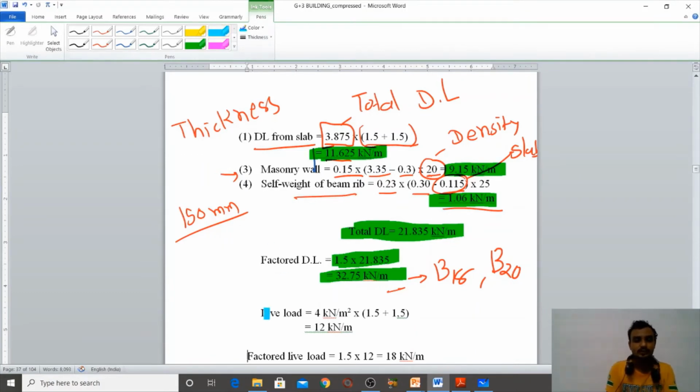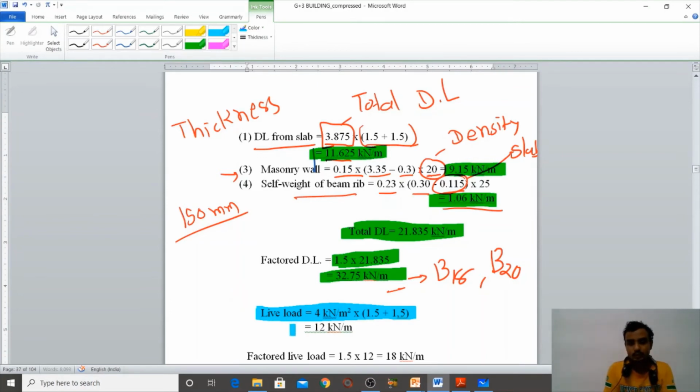Now we need the live load, 4 kilonewton per meter square, which is given, into 1.5 plus 1.5.